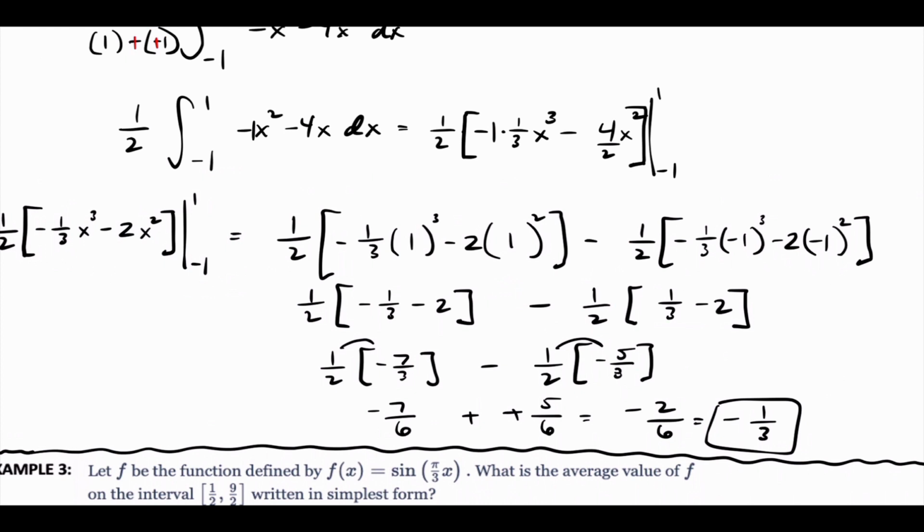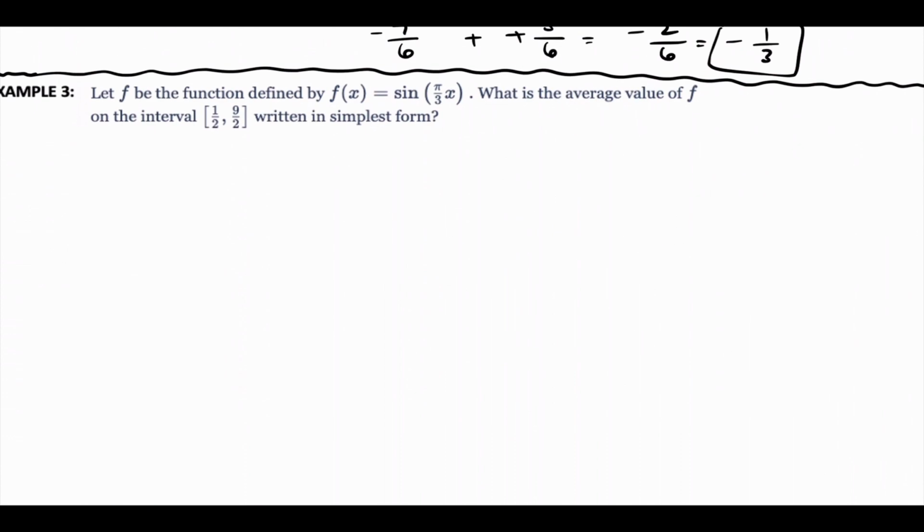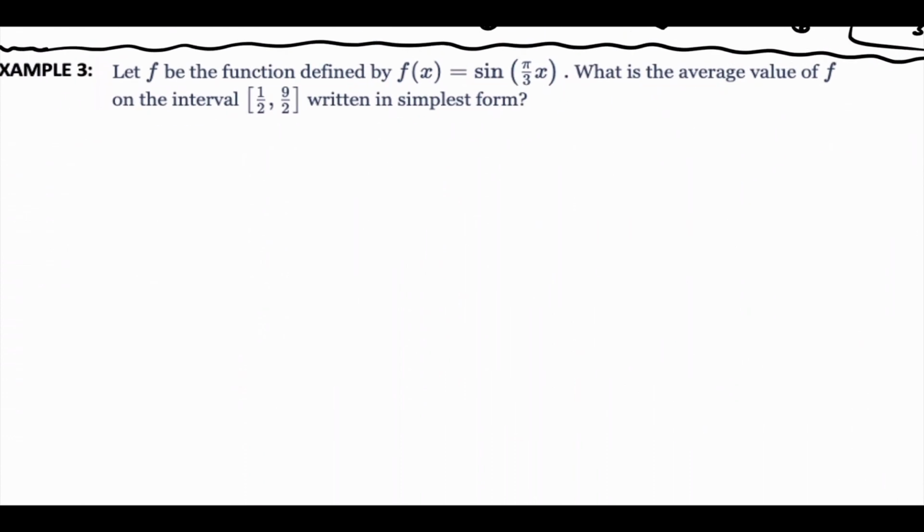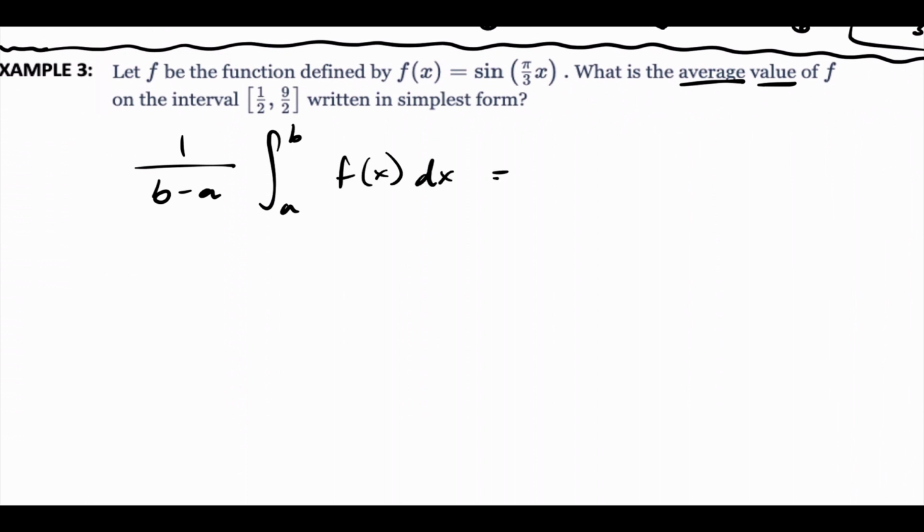Okay, so let's do the same problem. The only difference is this one's trig. Still gonna do it the same way. We have 1 over b minus a, integral from a to b of f of x dx.